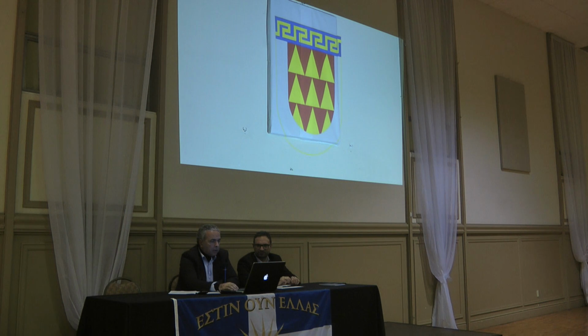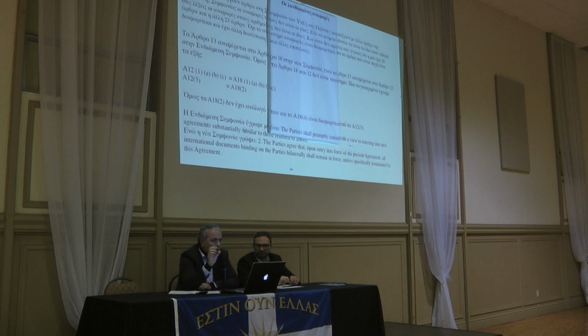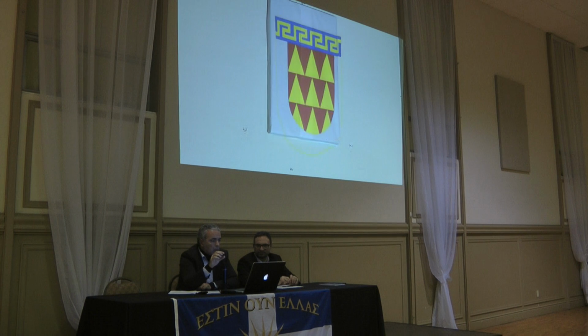I just wanted to show you that in this pre-agreement, you see Article 13 and Article 18, while in the interim accord it was Article 12 and Article 13. It was logical. So remember this.